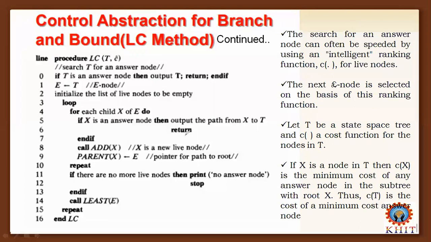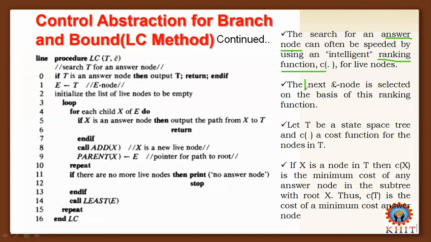Here you always find out the answer node. So the question is, you need to find the answer node. How to find the answer node? If you want to find the answer node, you can apply one function that is called a ranking function. How to find the ranking function?